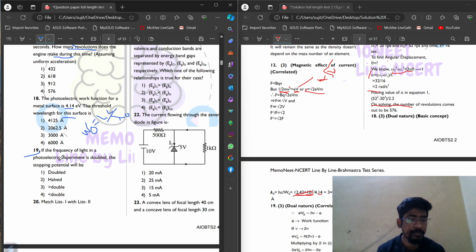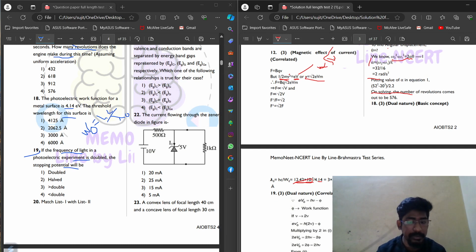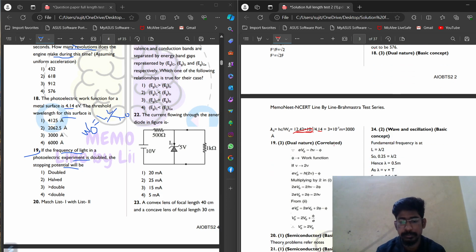Question number 90: the frequency of light in a photoelectric experiment is doubled. The stopping potential will be, when the frequency is doubled. Okay, the stopping potential. In Einstein's equation you will get the idea: h nu, that is the energy of our photon particles, equals w naught plus E max, right? Here nu is our frequency.